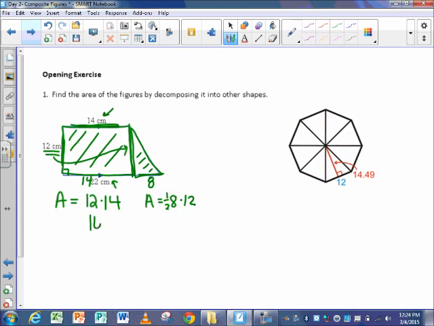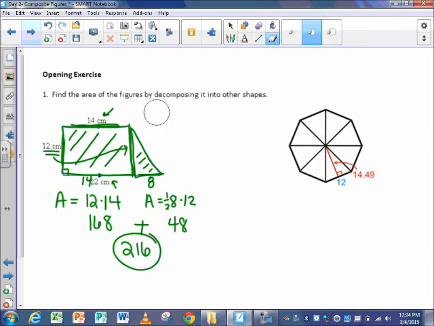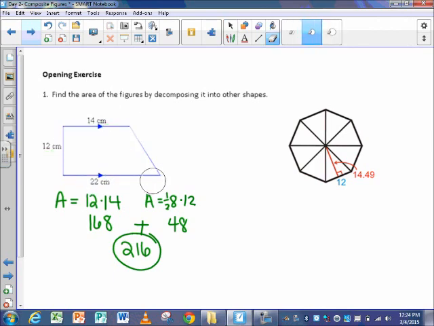So 12 times 14 is 168, and 1/2 times 8 times 12 is 48. The area of the two things would just be the sum of those two values, for a grand total of 216. Now, decomposition is only one way to do it. We could erase all this nonsense I drew on here and say, I know the area formula.